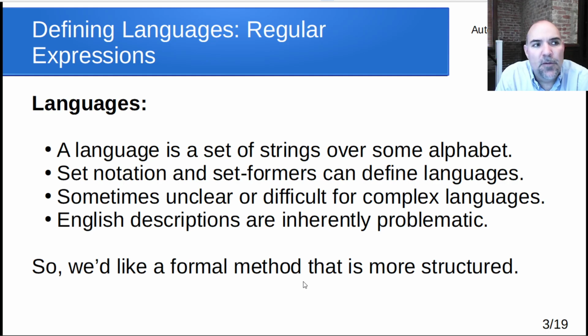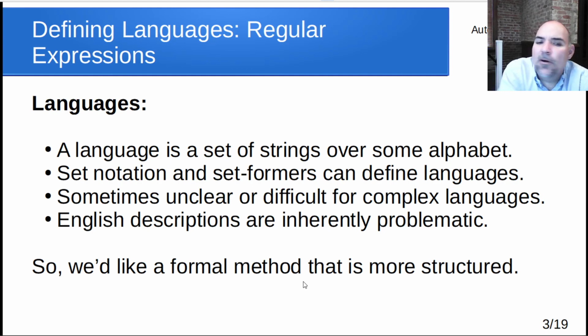Now, previously we had defined these using a number of ways. We used set notation, where you just have curly braces and list the things out, separated by commas. We've used set formers to say all strings such that, and then some description that defines that. We've also maybe used some English language descriptions.